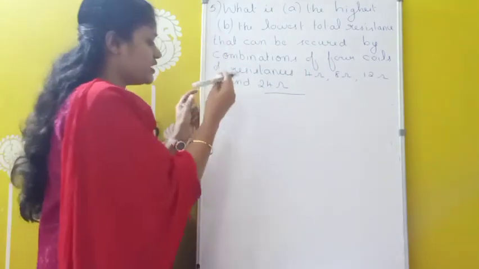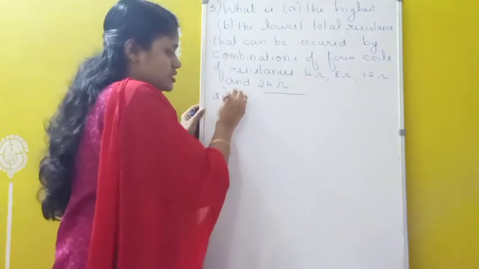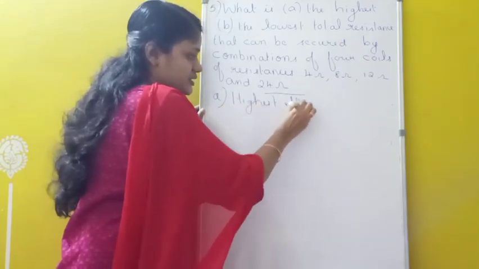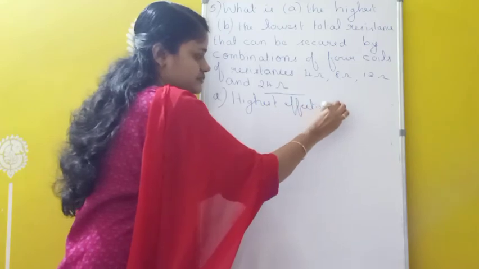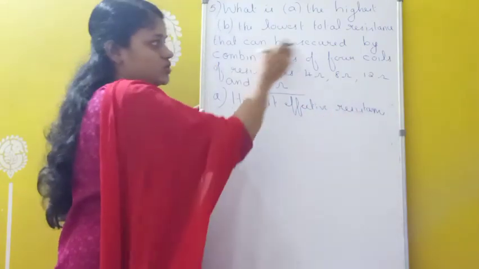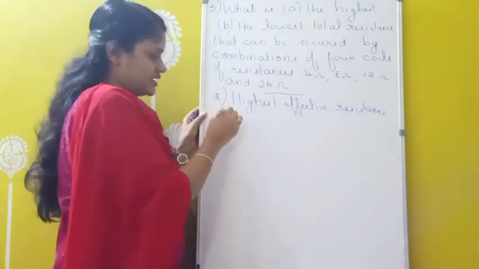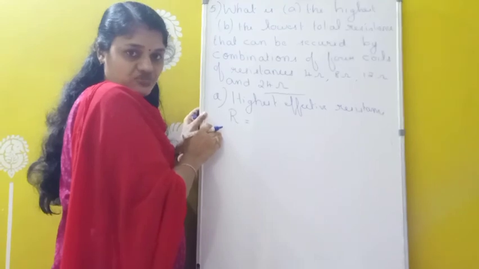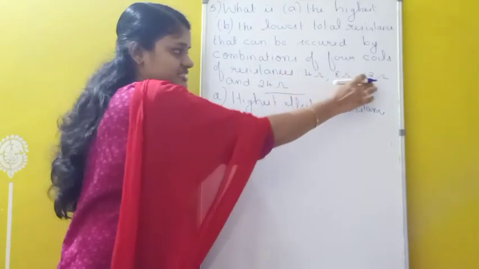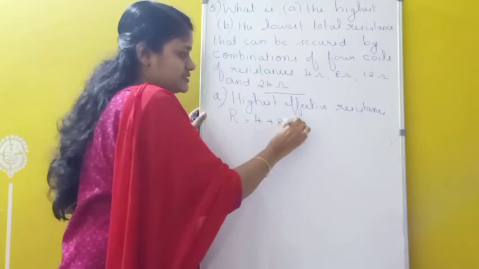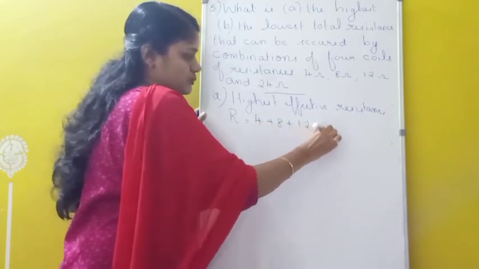So first one is to find which one? Highest effective resistance. That means we have to connect all the resistances in which one? Series. Okay. So how will you find effective resistance? When they are in series, you have to simply add all these things. So 4 plus 8 plus 12 plus 24.